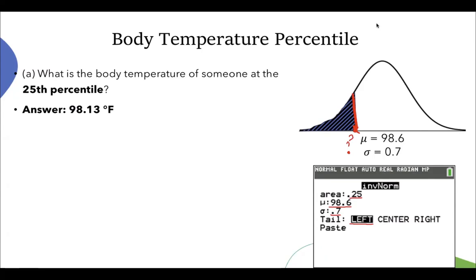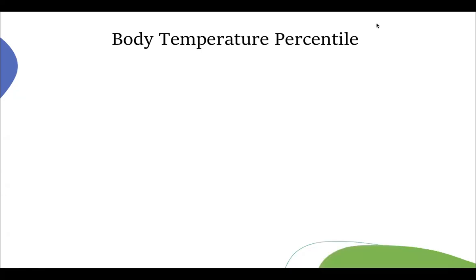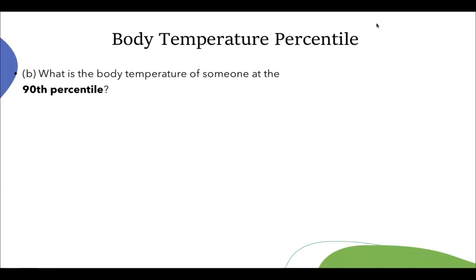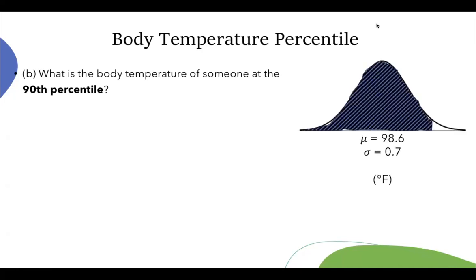Okay, you expect a number less than 98.6 because the values are on the left of 98.6. Now that's for the 25th percentile. That's the bottom 25%. And the next part was the 90th percentile. The bottom 90% looks different. That shades in almost all of the curve, right? 90% of the curve.